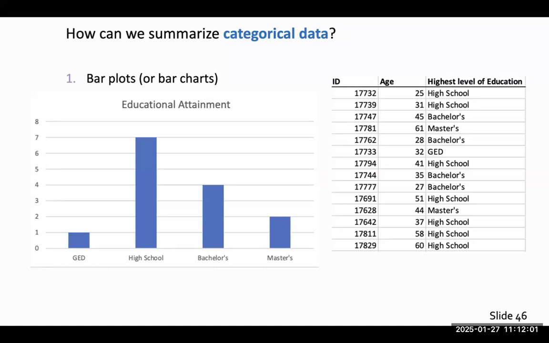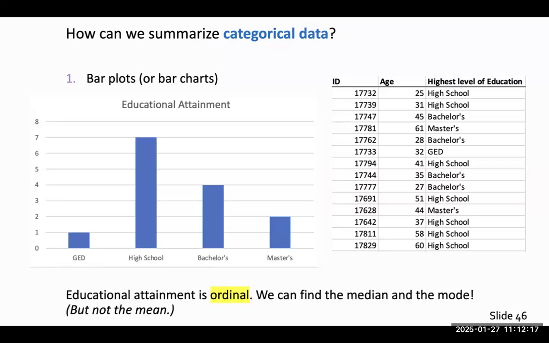You can count how many people had a high school education as their highest level of education, how many had bachelor's and master's, and so on. The difference here is that this is an ordinal set of data. You wouldn't want to mix up the bars because GED is before high school, which is before bachelor's, which is before master's. And high school is the mode, right? It's the highest bar, so high school showed up the most in this variable.